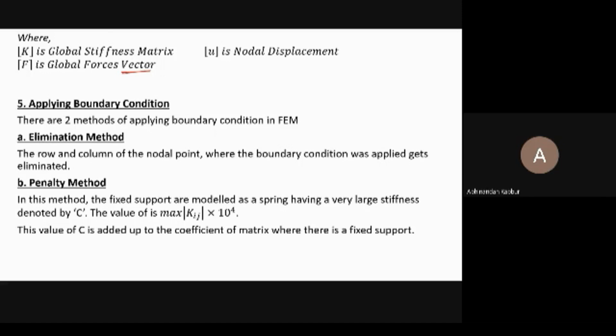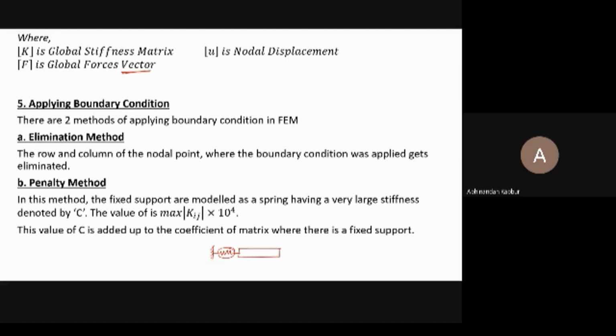If I come to the penalty method, what happens if I have a body? If it is a fixed condition here, we are trying to model it with a spring. So this fixed condition is attached to a spring, and this spring is attached to the body. Directly, this fixed end is attached to the body, and this spring has a very large stiffness.